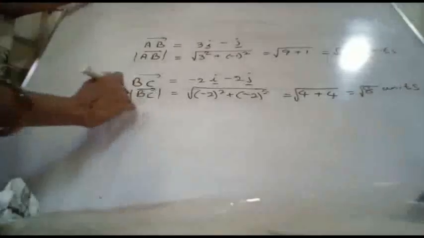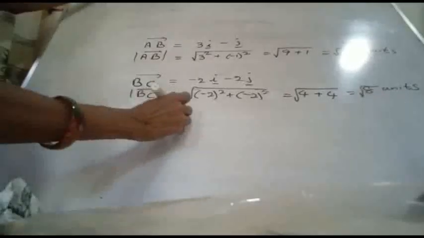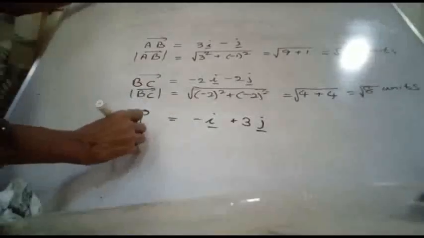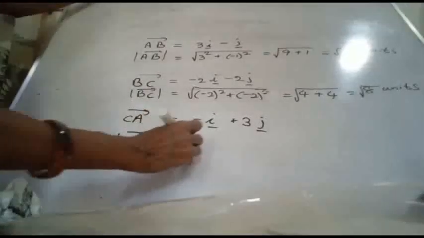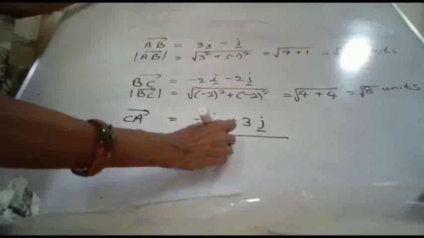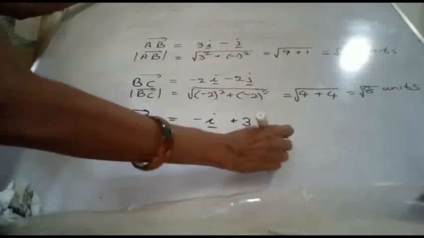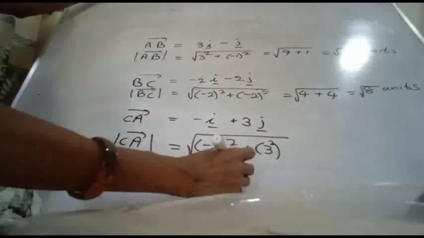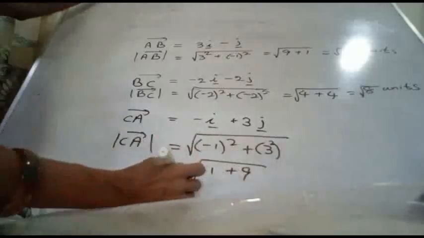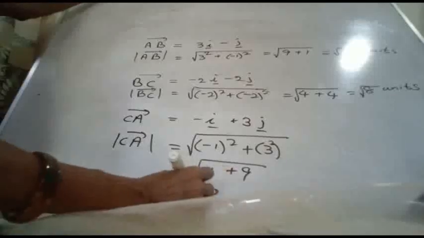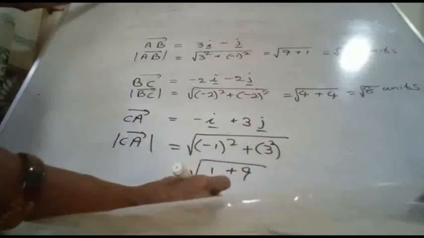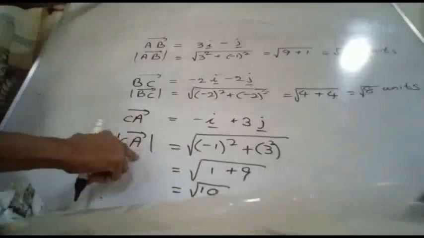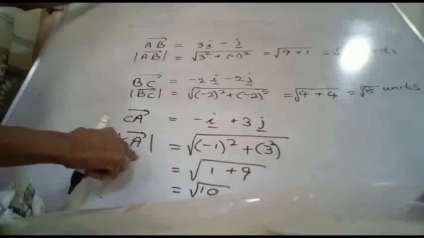Vector CA is equal to negative i plus 3j. Modulus of vector CA is equal to the square root of negative 1 squared plus 3 squared, 1 plus 9, square root of 10. Now we can see square root of 10. Modulus of CA is the length of the side CA.